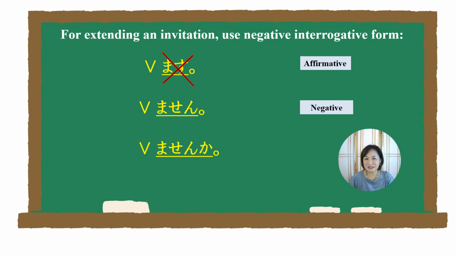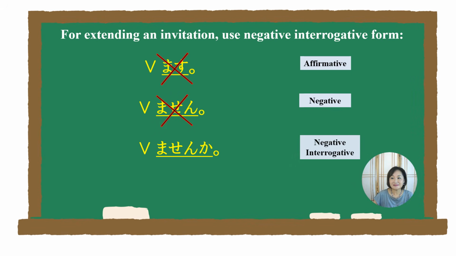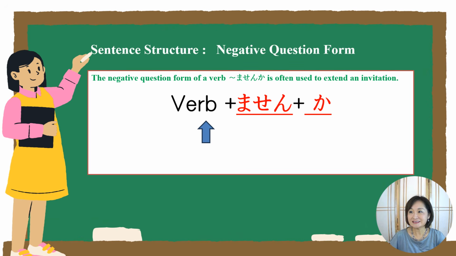To form masenka form, we use the negative interrogative form. So first, make a negative form by changing mas to masen. And we change that into an interrogative form, a question form, by adding ka at the end. You can use any verb here.